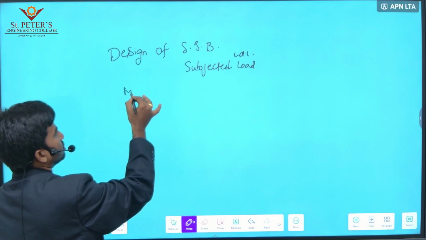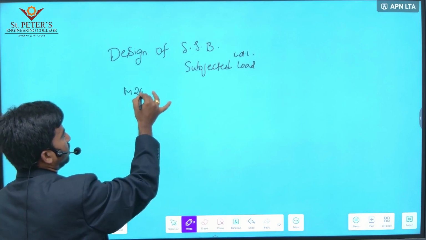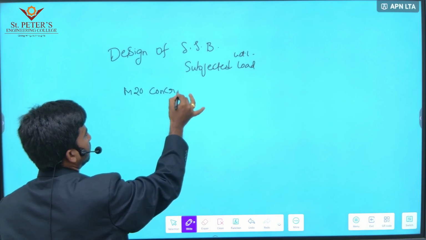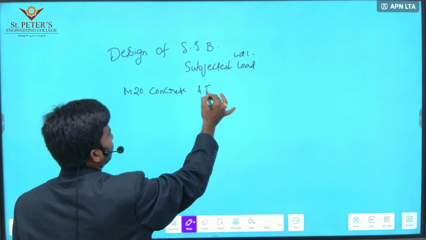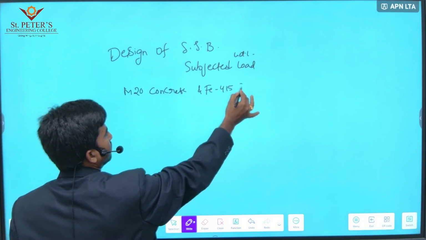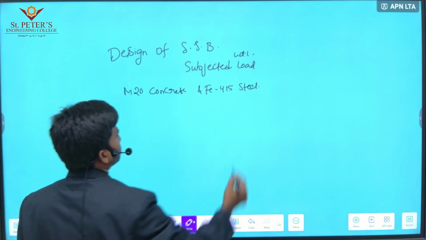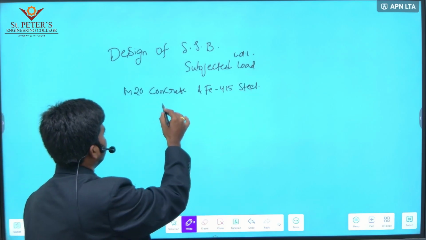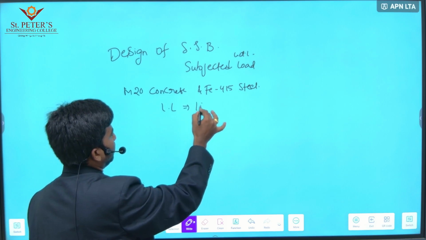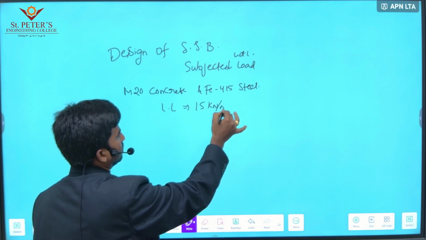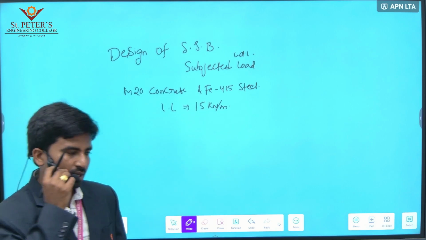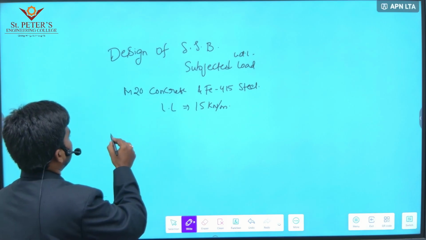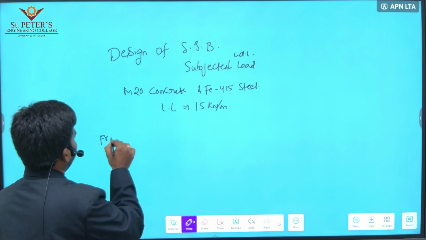The data is M20 grade concrete and Fe415 steel. Here you also know that the live load is 15 kilonewton per meter. Here beams are nothing but frames.